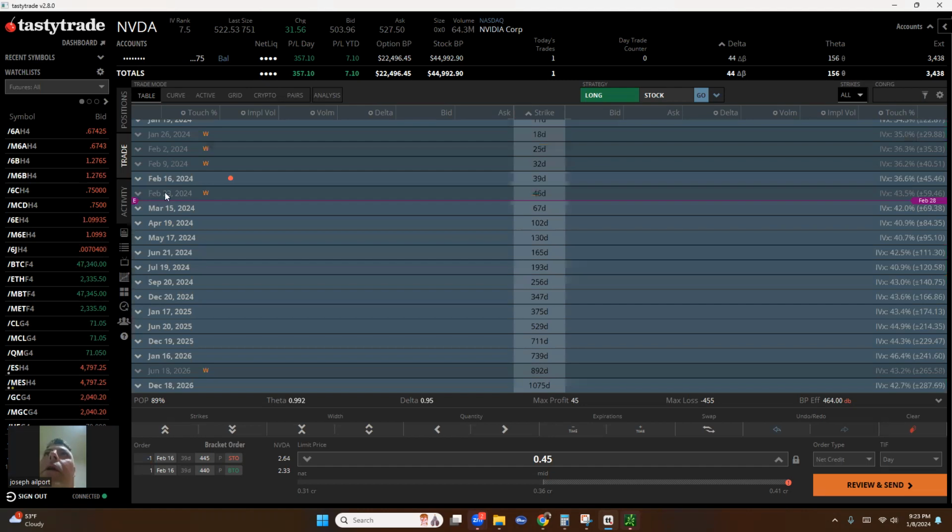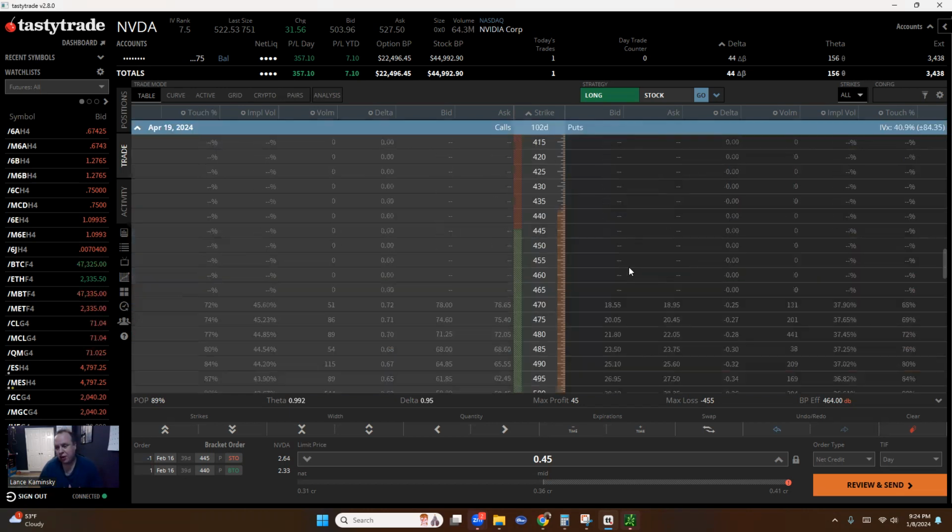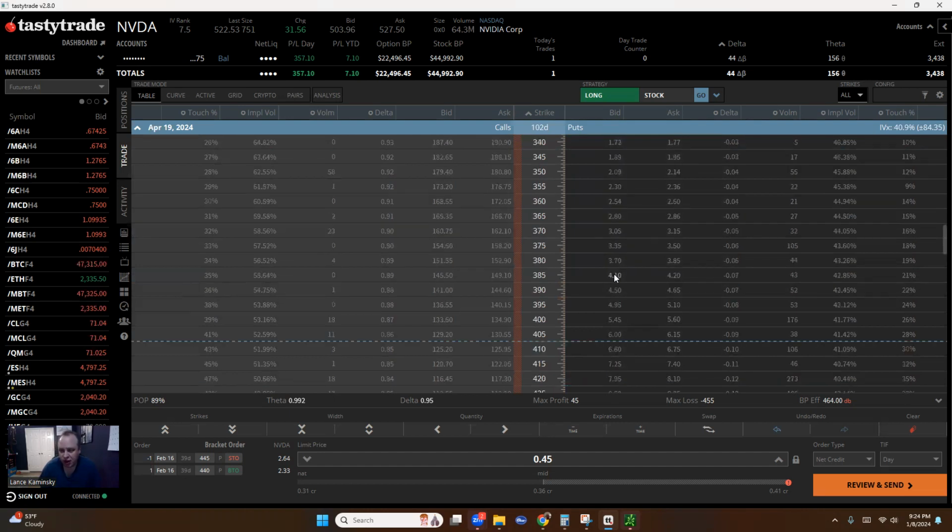Perfect. Now, when I usually do my strangles, they're usually pretty much the same delta or very close deltas in almost every case. For instance, if I was looking at a strangle, it might be 102 days. My sweet spot is around 0.05 to 0.09 or so delta.